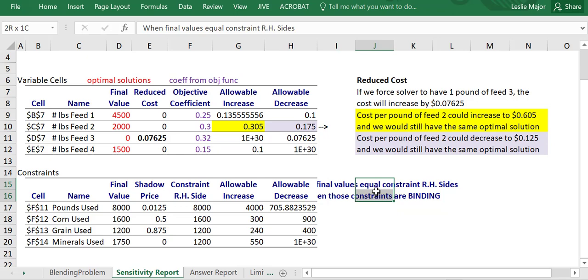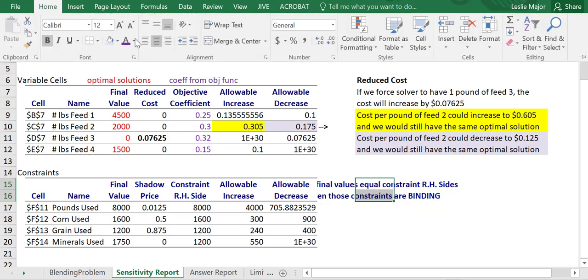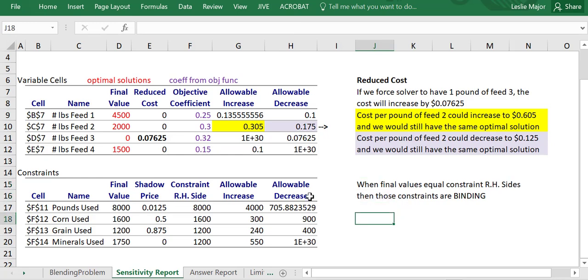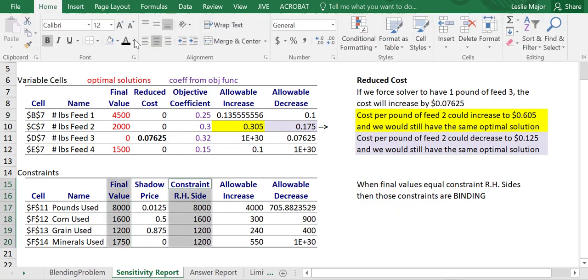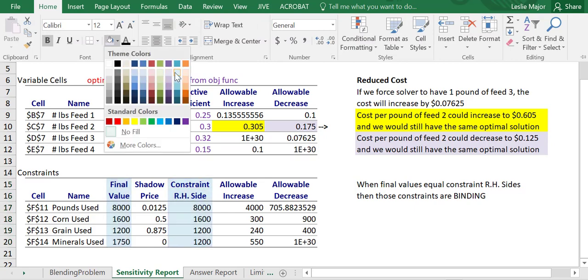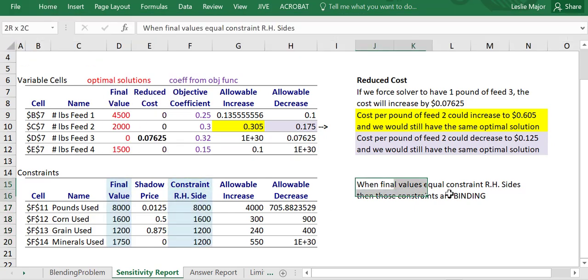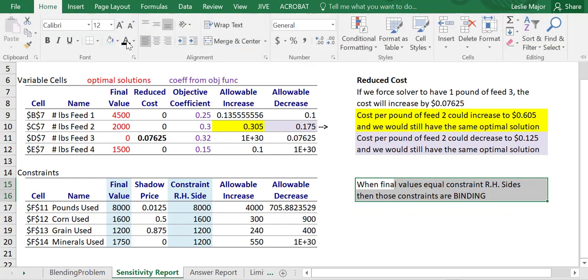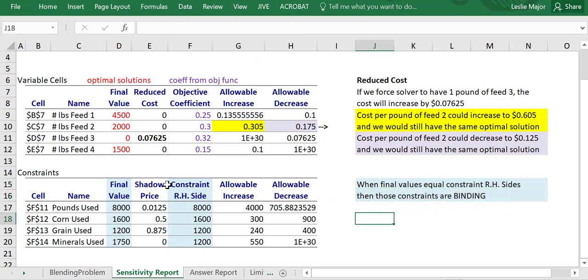We use up all of them. Let's highlight these and this comment. So when these match these, that means we've used up all of that constraint or gone right to the limit, whatever that limit is.